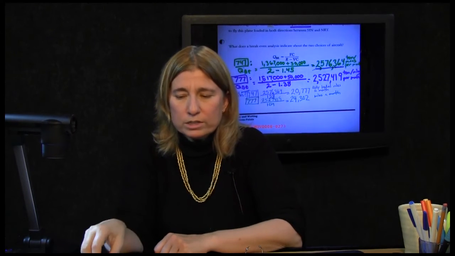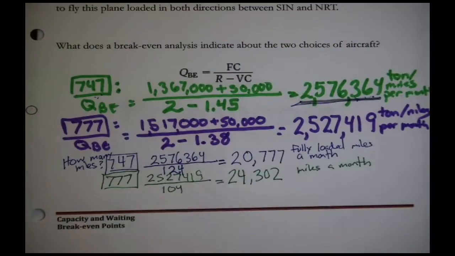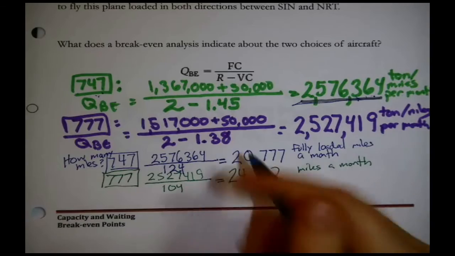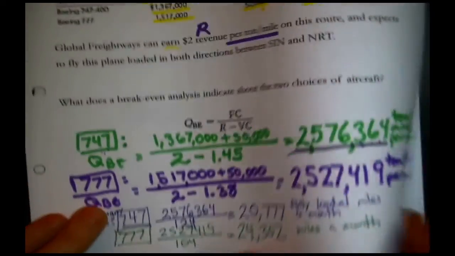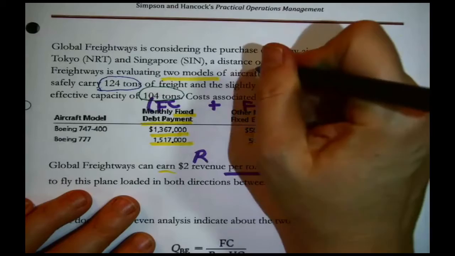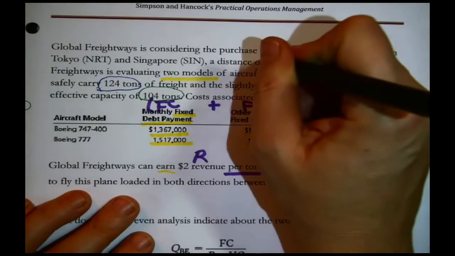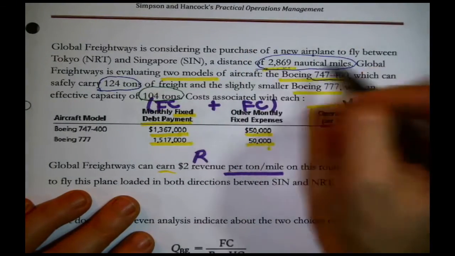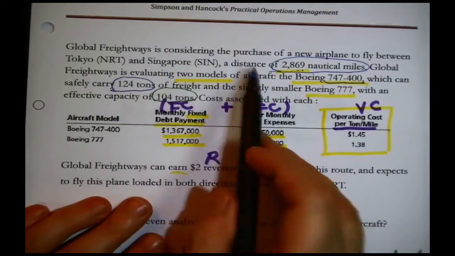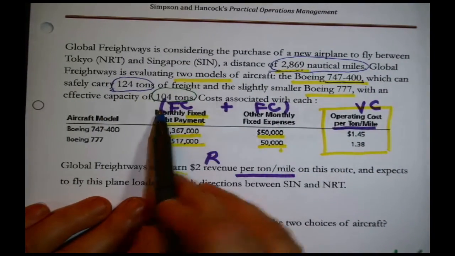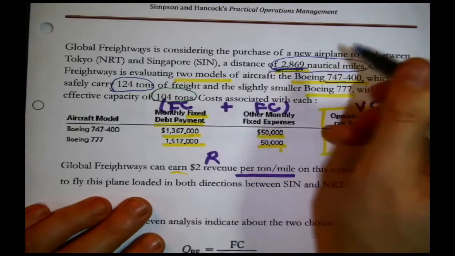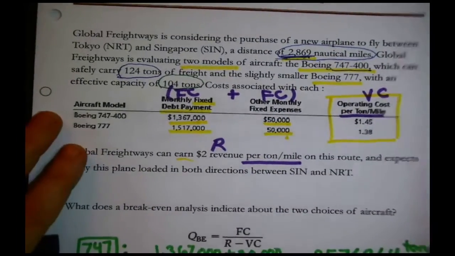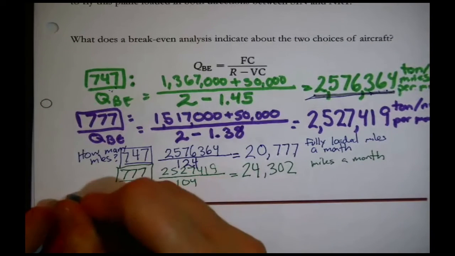We can even go one step further, and in order to brief Global Freightways, they would appreciate this. I've got the overall number of miles, and they've told me how long the trip is: 2,869 nautical miles. They said that's what they're going to use the aircraft for, whichever one they pick, on this leg. Something else we could do before we report to them is convert it into how many trips.